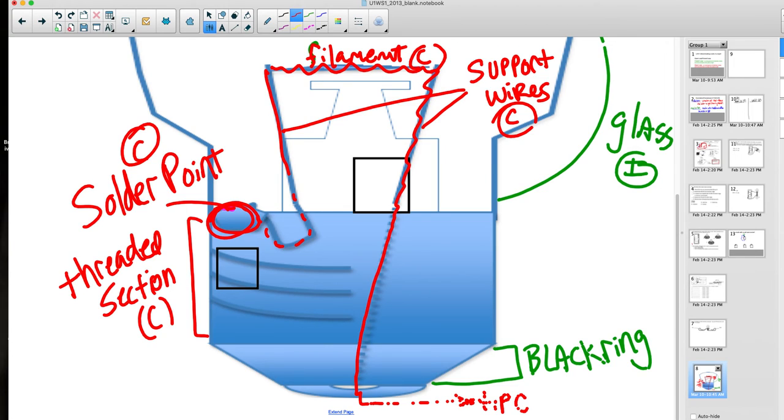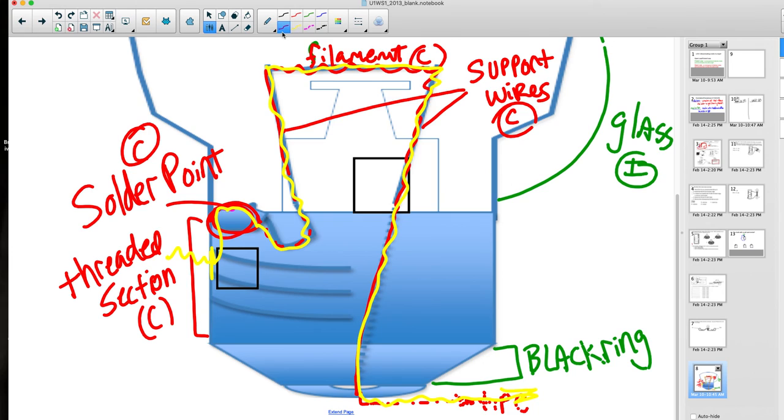So if the stuff moving through the wires needed to get through this continuous conducting path, it would include getting to the threads, and from the threads to the solder point, which is glued with metal to the support wires, up the support wire, across the filament, which is made of tungsten, another kind of metal, down the metal supporting wires, not touching the black ring, but going through a hole in the middle of it, out the tip, and then out through the base of the socket. That would be the path through the bulb, or the continuous conducting path that goes through the bulb.